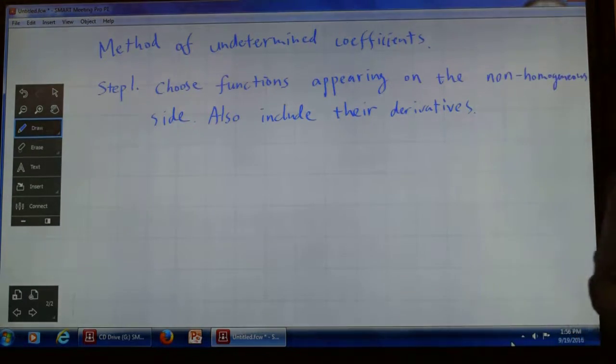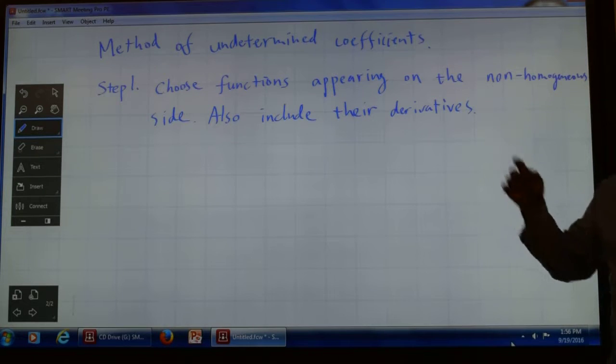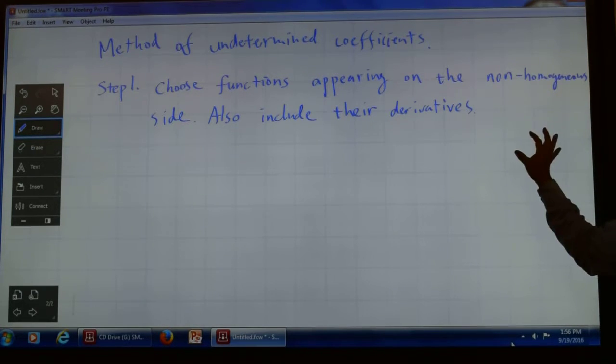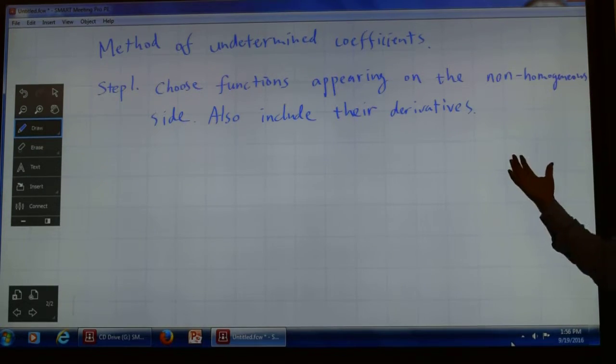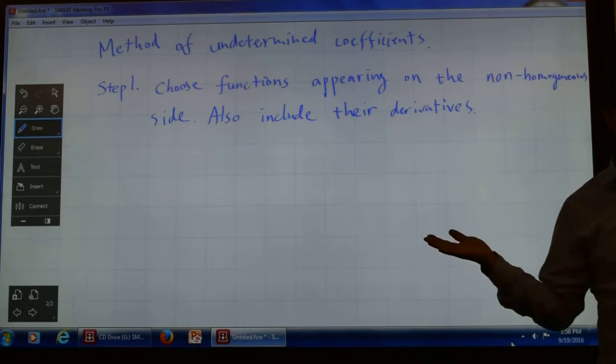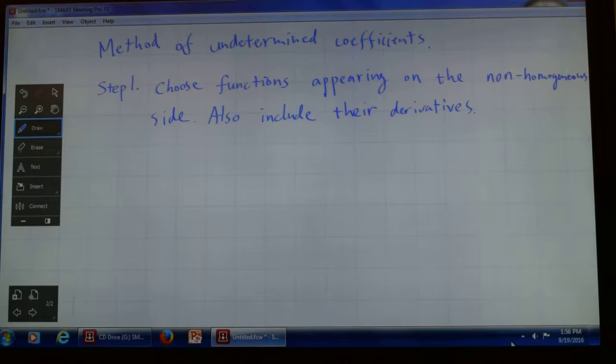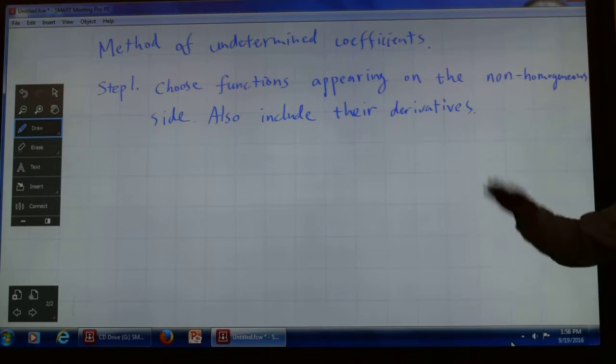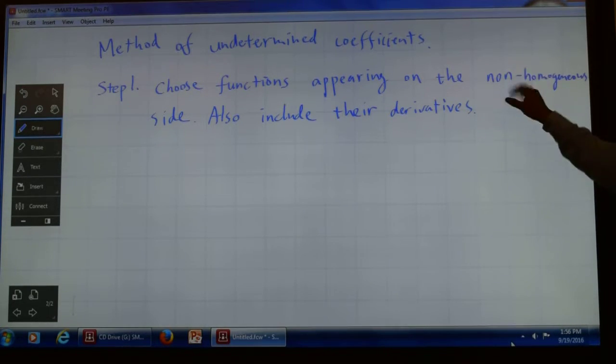So in other words, in the equation, if we had sine x on the right side, not only do you want to choose the sine x, but you also want to choose the derivative of sine x, which is cosine x. Okay? So after doing this, you will have a bunch of functions chosen, right?